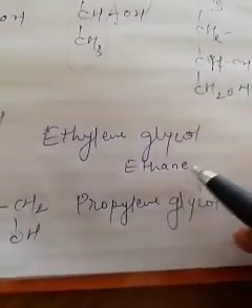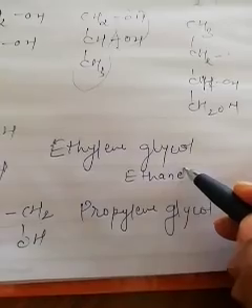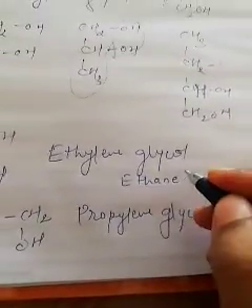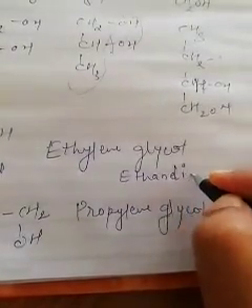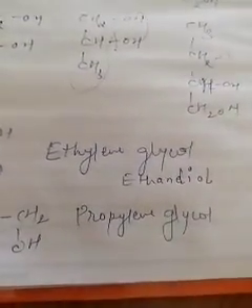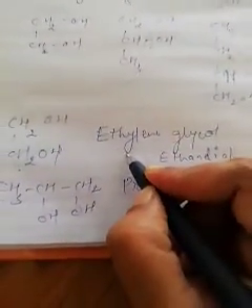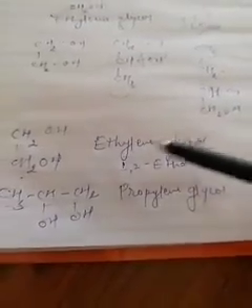Now in this glycol, we remove the E from the alkane and write diol, D-I-O-L. We have 2 OH groups, so we write the positions of the OH groups, that is, the first and second carbon atoms. So, 1,2-ethanediol. So, what is the name of this ethylene glycol?